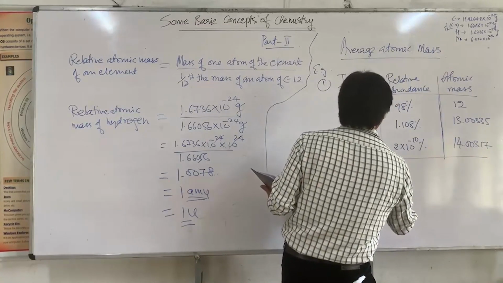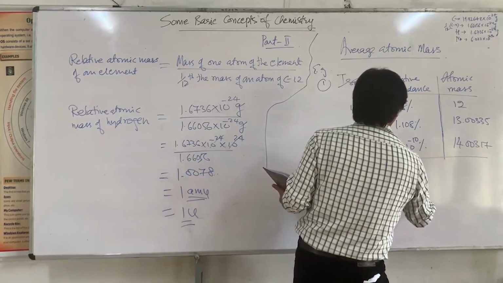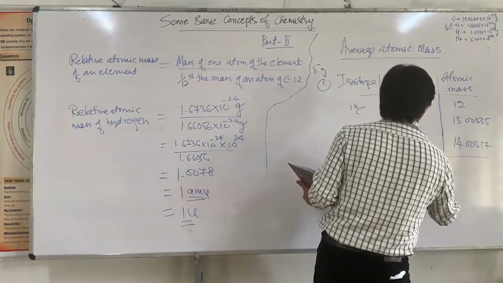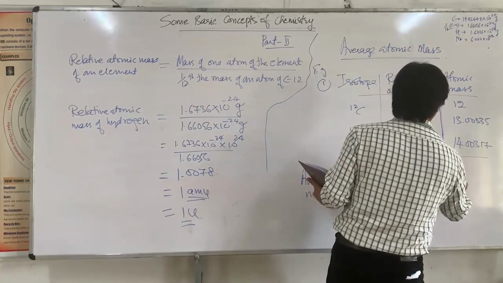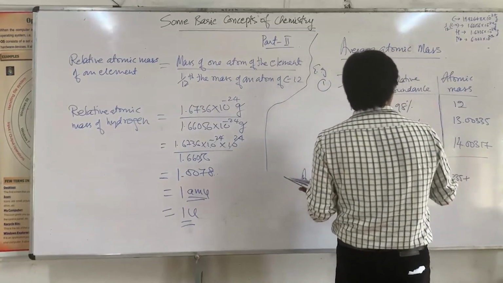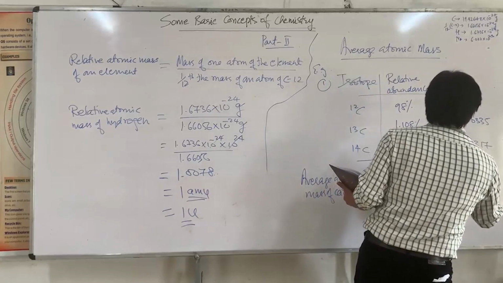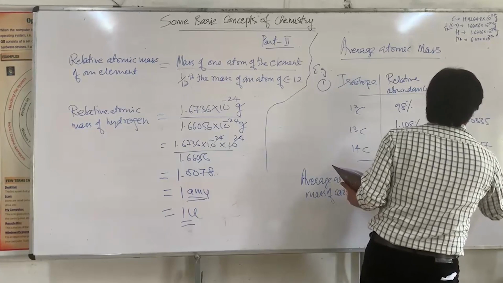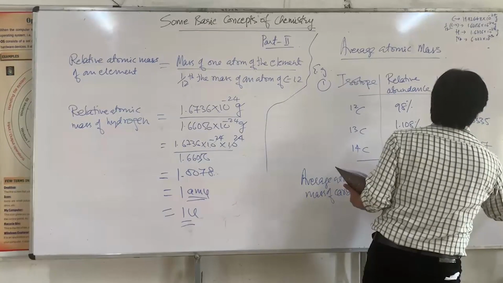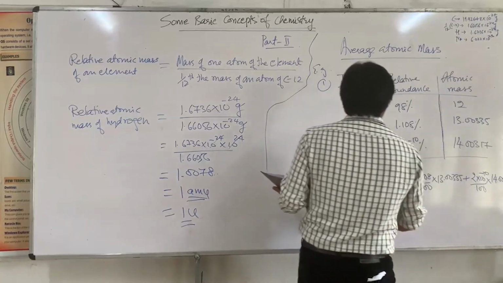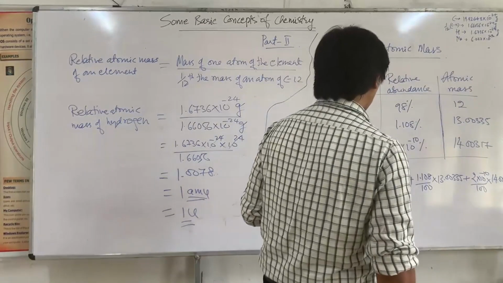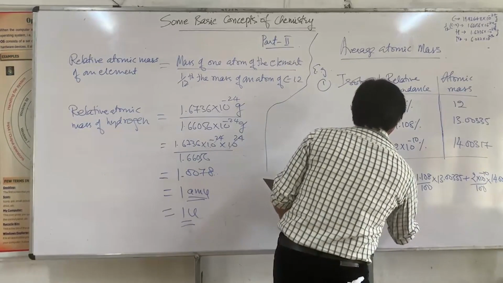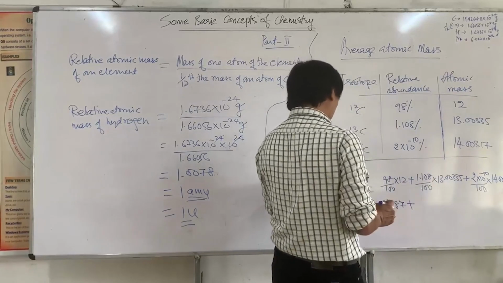So 98 by 100 into 12, plus 1.108 by 100 into 13.00335, plus 2 × 10^-10 by 100 into 14.00317. The values here turn out to be something like 11.87. You can calculate it yourselves later.